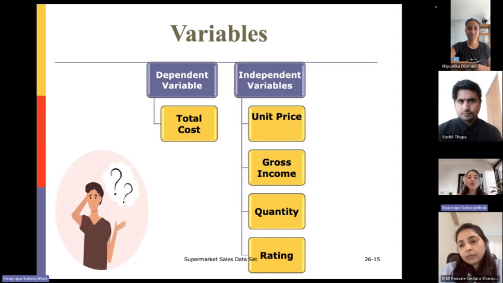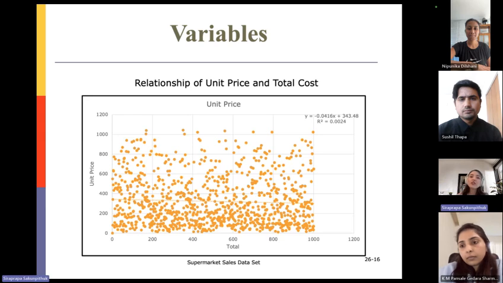These variables were chosen based on their potential impact on the total cost, and they are variables in the data set.